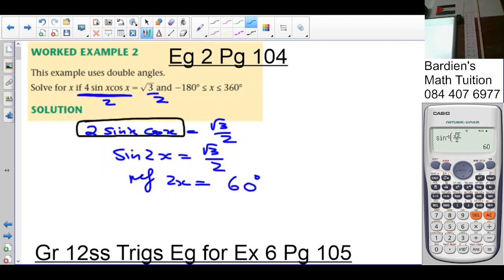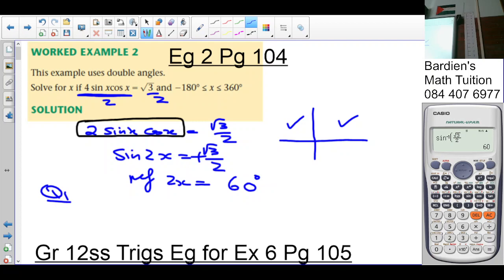Okay, so now we must do the general solution. People, do not divide by 2 at this point. Okay? You don't touch that angle until you've taken it to the quadrants. Okay, you guys understand? So, in which quadrant is sine positive? Quadrant 1 and 2. So how do we get into quadrant 1?